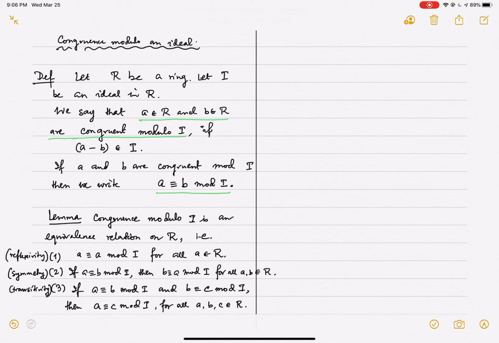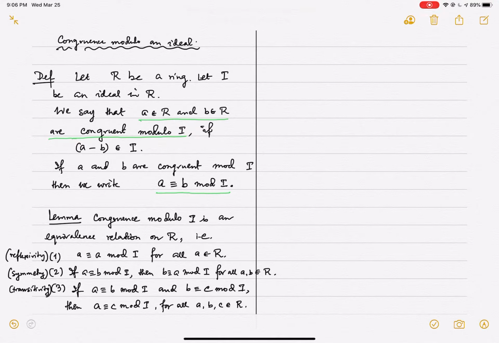So let me talk about congruence classes. We just defined congruence modulo an ideal. If you have a ring R and an ideal I in R, then two elements A and B of the ring are called congruent modulo I if the difference A minus B is in I. That's the definition.